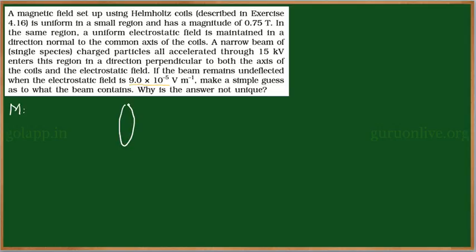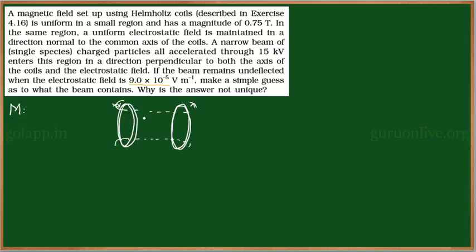there are two coils. In these two coils, current is flowing, so they will have some magnetic field. That magnetic field will remain uniform between those two coils, because they are near and the flowing current is also the same in magnitude and same in direction.